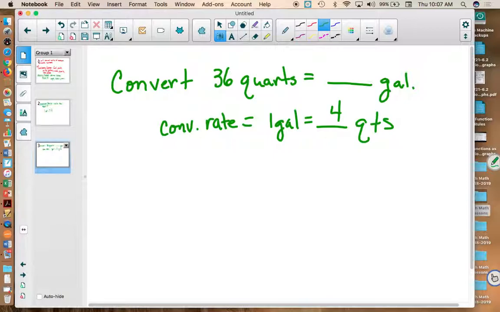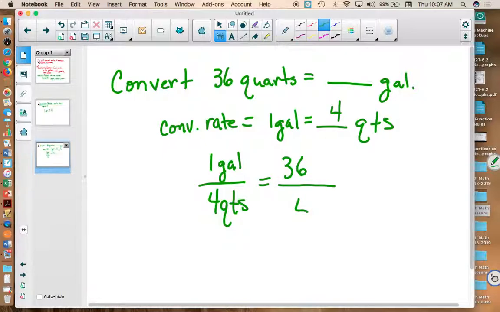Well, if I know that 1 gallon, and if I want to write it as a rate, 1 gallon equals 4 quarts, and I compare that to, how many quarts do I have right now? 36. I have 36 quarts. 36 over 4.